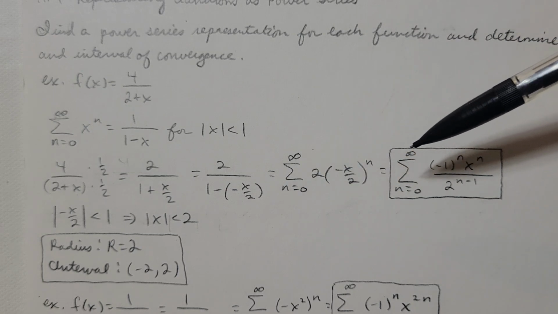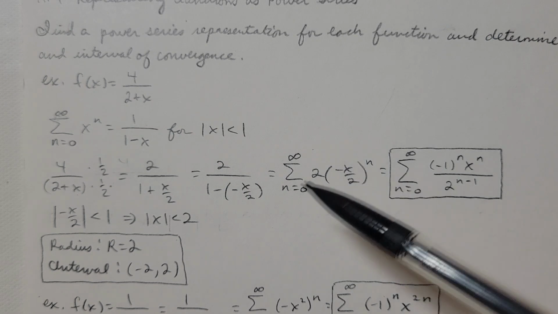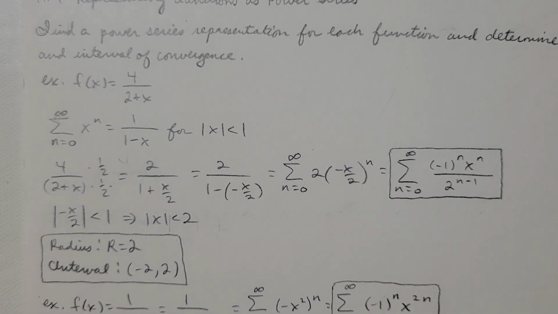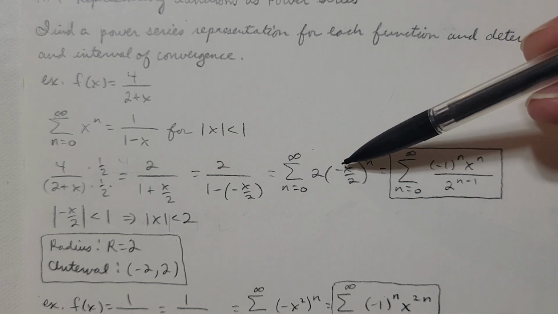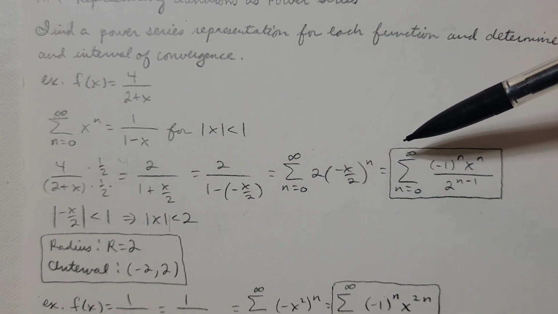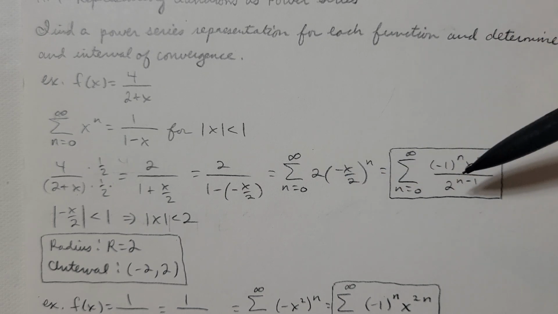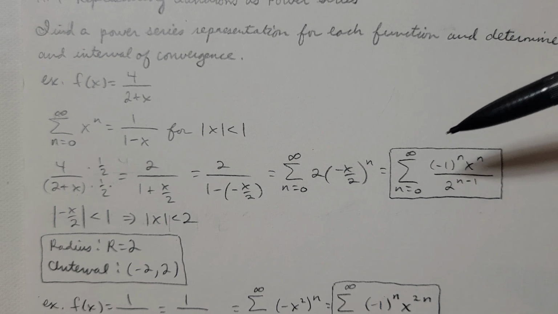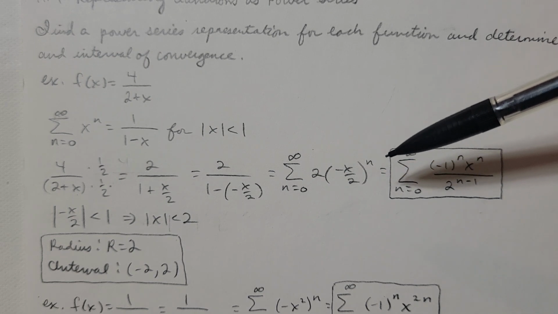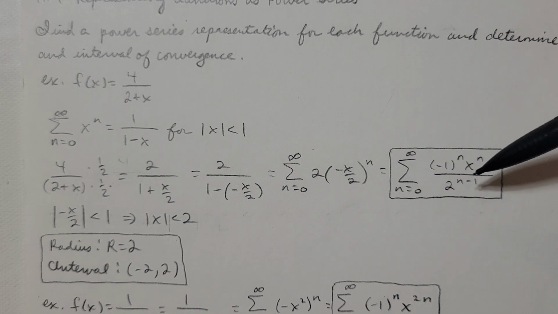Now, when I get this in summation notation, you simplify things as far as you can go. So you have negative 1 to the n, and then 2 divided by 2 to the n. When I subtract the powers, 2 to the first divided by 2 to the n, that's 2 to the n minus 1 in the denominator, and then x to the n up top.